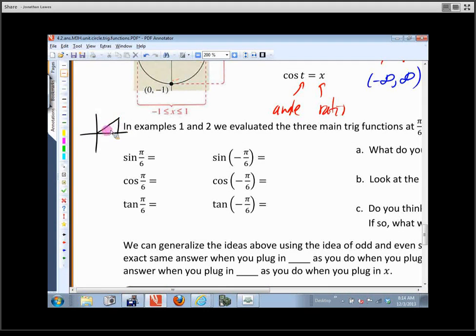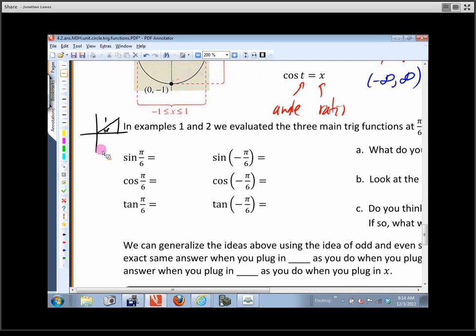Purposely made that pretty small because pi/6 is the same as how many degrees? 30 degrees. So this angle right here is 30 degrees, or that represents pi/6. And if we're on the unit circle, that would be 1. What's the x-coordinate at pi/6? What is it?